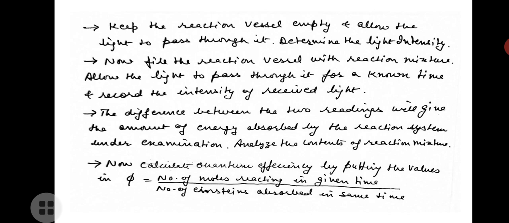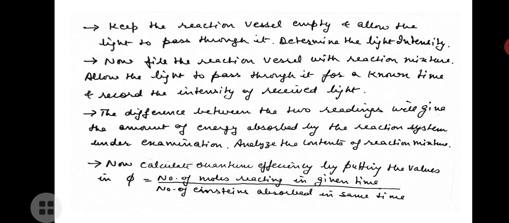Now fill the reaction vessel with the reaction mixture. Allow the light to pass through it for a known time and record the intensity of received light. The difference between the two readings will give the amount of energy absorbed by the reaction system under examination.